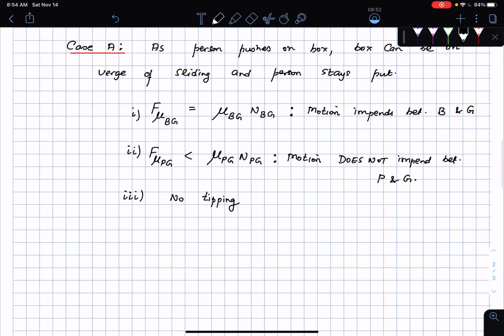Then I go to case B. It is possible that as the person applies the force on the box, it will tip before it slides.